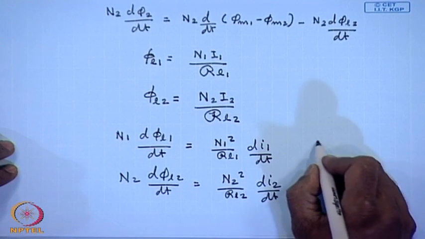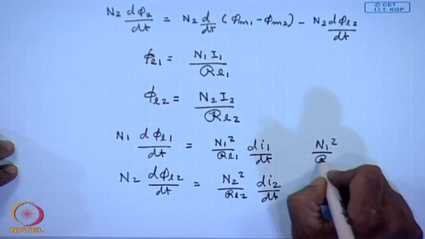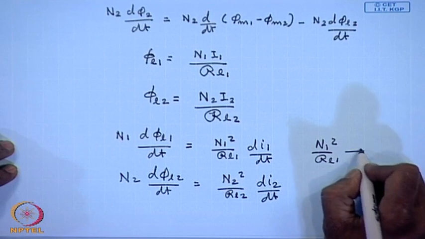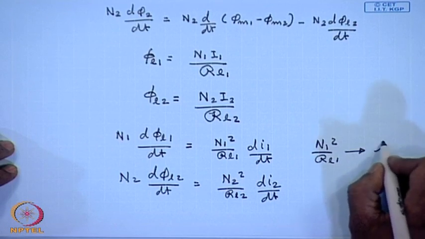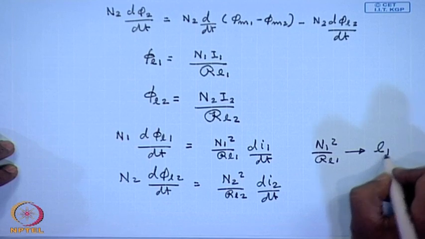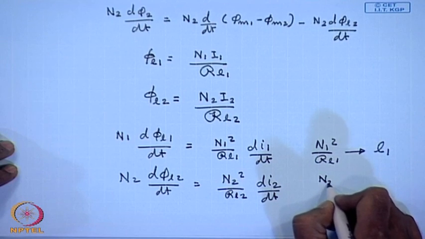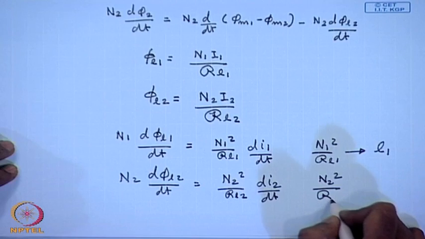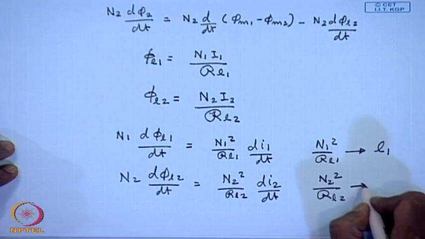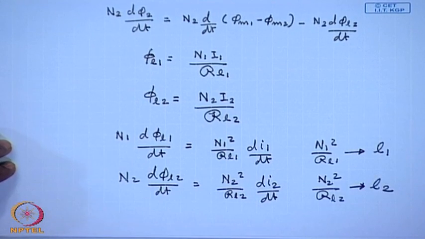The term N1 square by RL1 is called the leakage inductance of coil 1, L1, and N2 square by RL2 is called the leakage inductance L2.